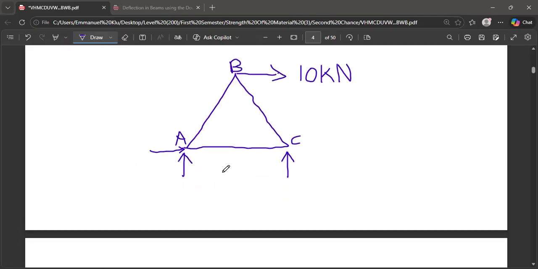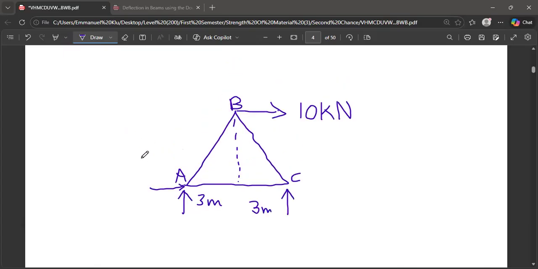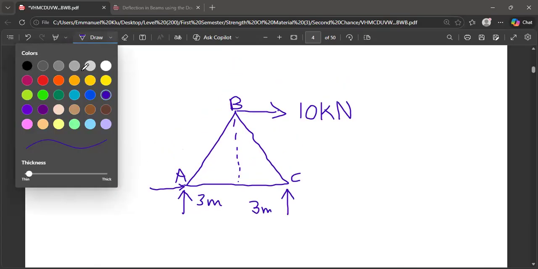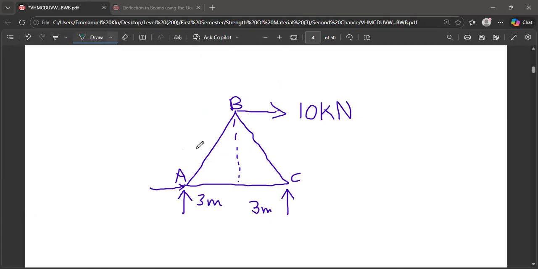As simple as that. Here was 3 meters, and here is also 3 meters. This looks like two right angle triangles. Let me just pull down the reactions and we proceed.